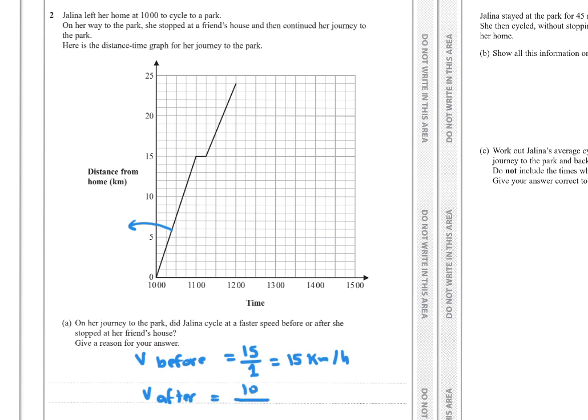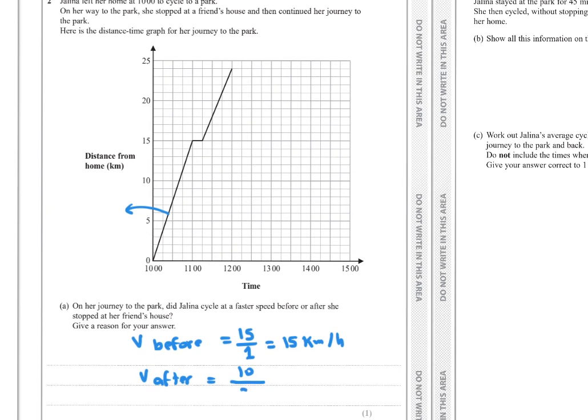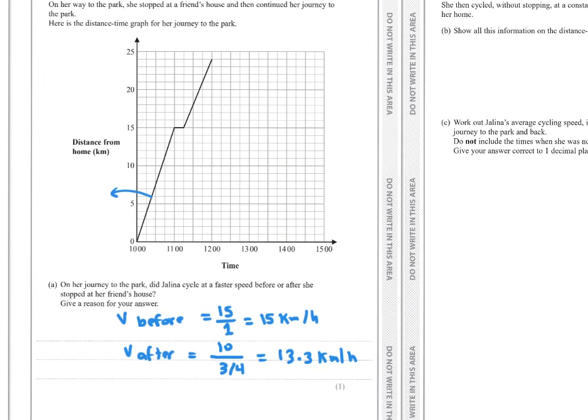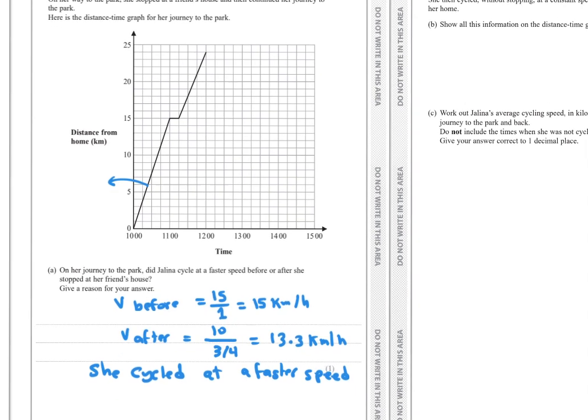Rise, which is 10, by 3 over 4 equals approximately 13.3 kilometers per hour. So she cycled at a faster speed before she stopped.